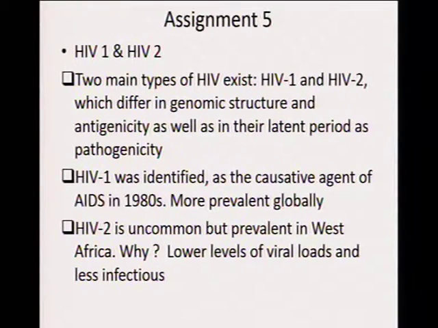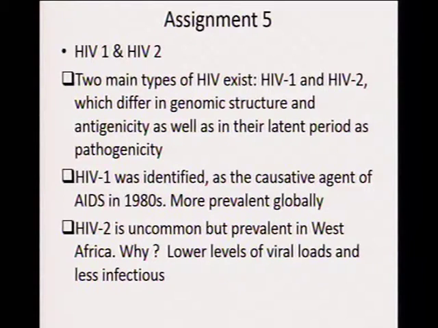This HIV strain is very fatal, and it is the one that's found in sub-Saharan Africa and also in Namibia. Now HIV-2 is not very common, it's uncommon, but you find it mostly in West Africa.